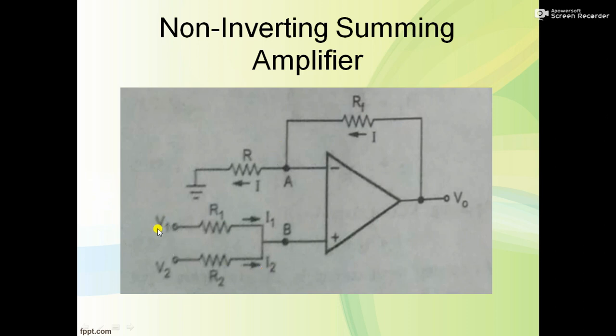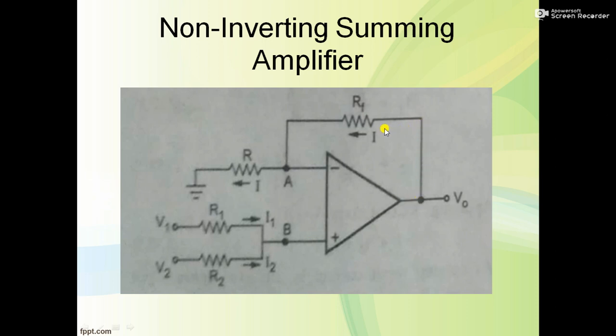The same, when we apply both inputs V1 and V2 through the resistances R1, R2, currents I1, I2 are flowing. When the currents come at this point, it becomes I is equal to I1 plus I2. That total current is flowing in the anti-clockwise direction.